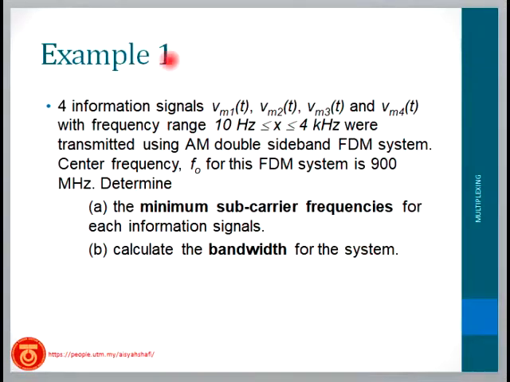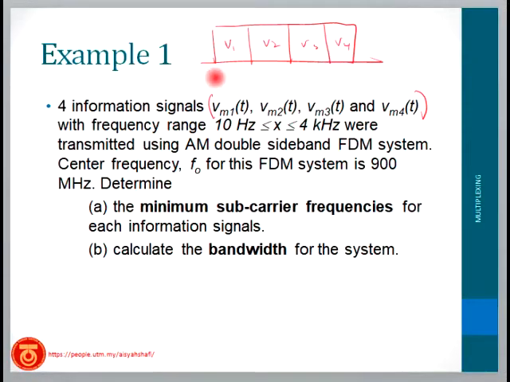Like before, where it was 3, this one is 4, which means 4 channels: 1, 2, 3, 4. These are the subchannels V1, V2, V3 and V4, with a frequency range from 10 Hz to 4 kHz.